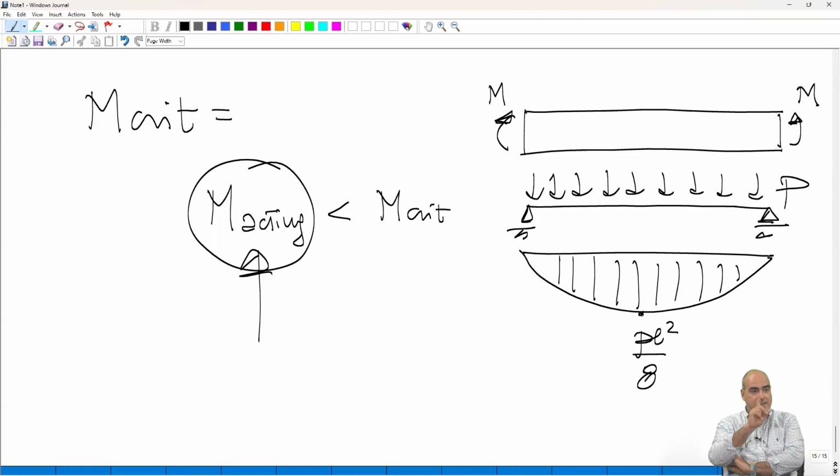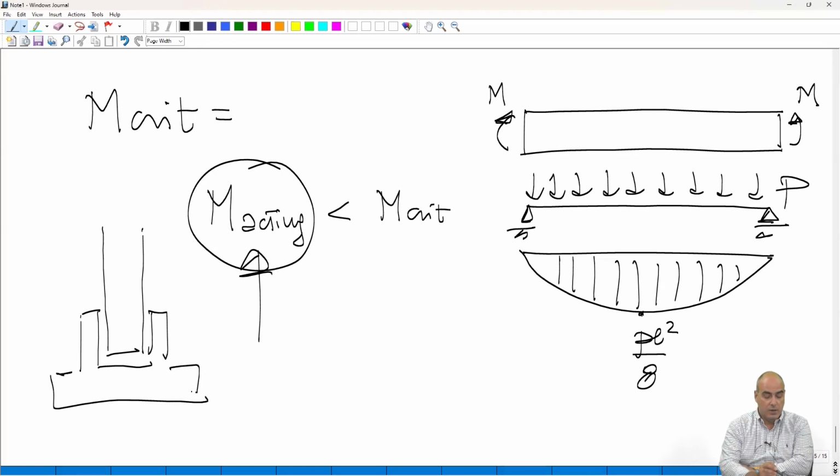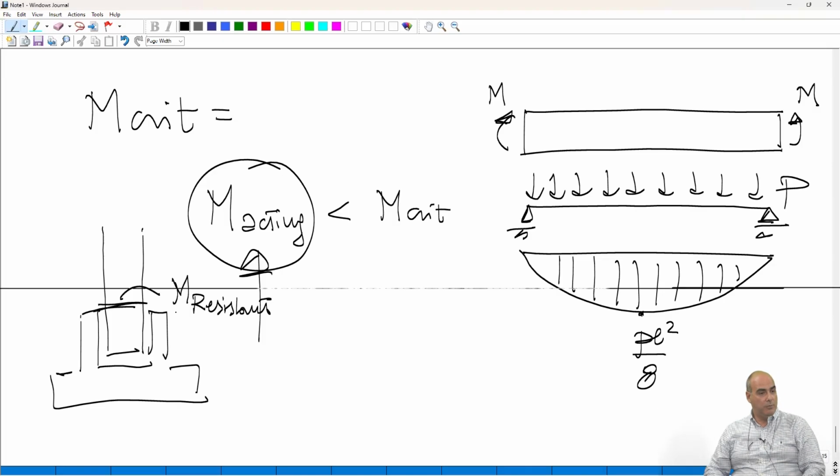And I also told you yesterday, when you design the foundations, you have a column which goes into that foundation that we have seen yesterday and we have seen also this morning. You design the foundation not because of the forces and moments which are there, but you design the foundation based on the resistant moment of the column.